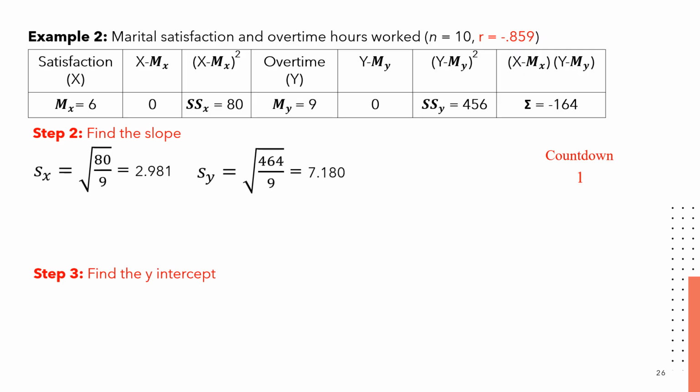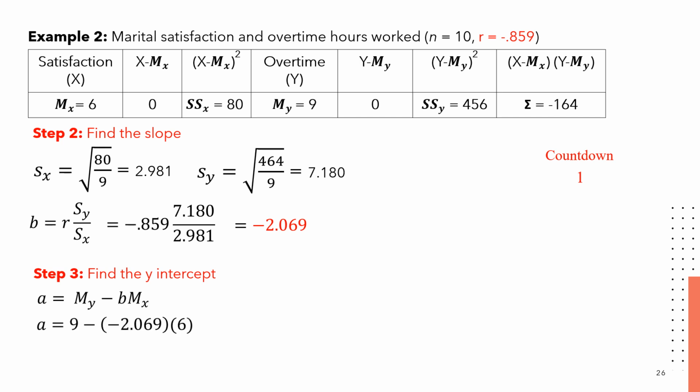So for the slope, the standard deviation of x is about 2.981, and the standard deviation for y is about 7.18. So plugging that in to the slope formula, we have negative 0.859 times 7.18 divided by 2.981, which is about negative 2.069.